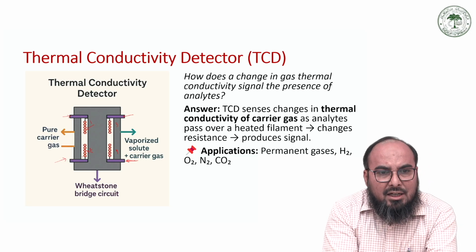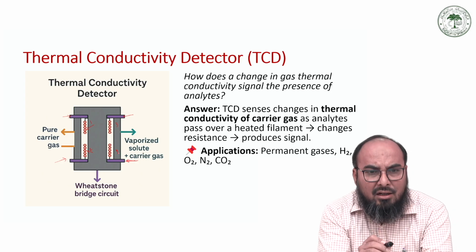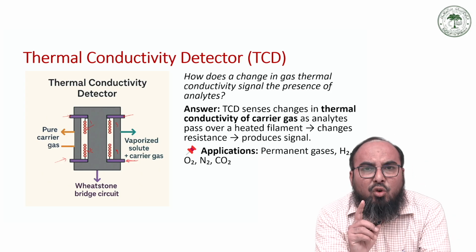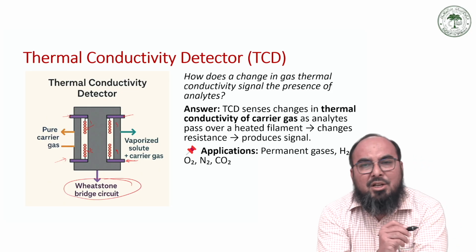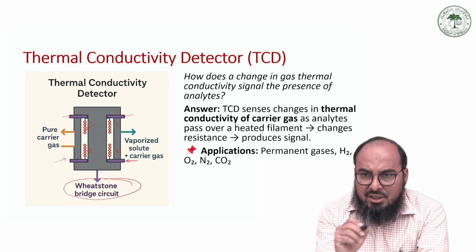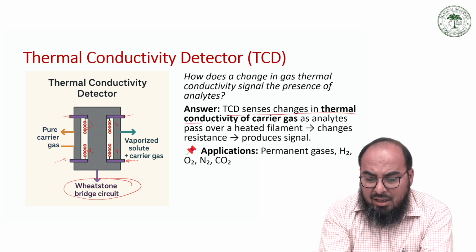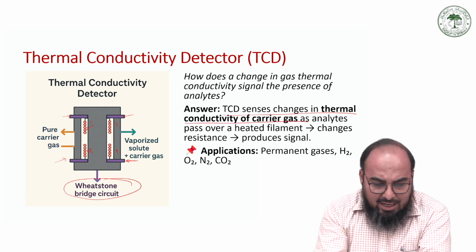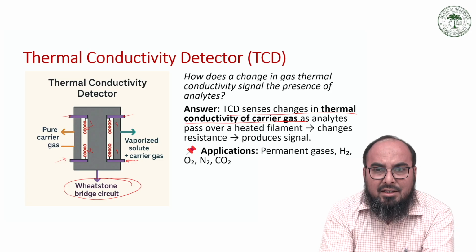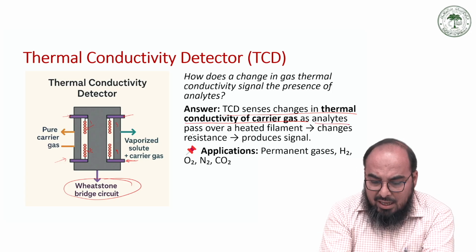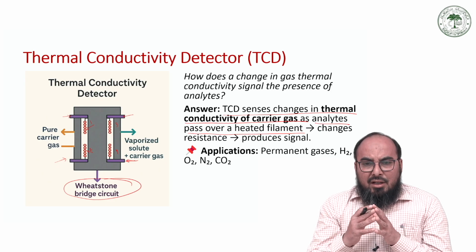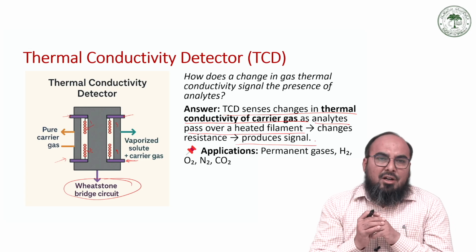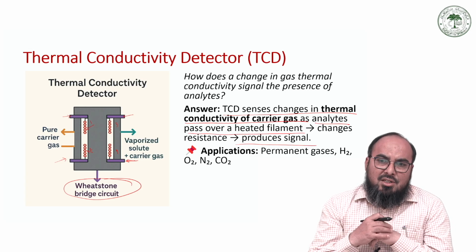So the conductivity of the pure gas here and here gets cancelled, and the conductivity of your volatile sample gets recorded as it is connected to a Wheatstone bridge. So the TCD senses the thermal conductivity, the carrier gas sensitivity gets cancelled, and what you get is the analyte on a heated filament. So a signal is observed and your detector, that is the TCD, records that particular signal.